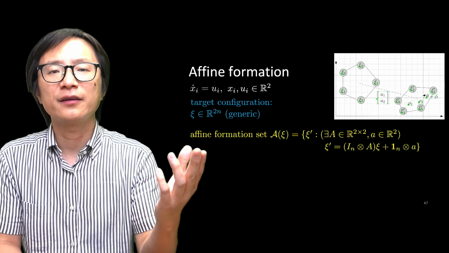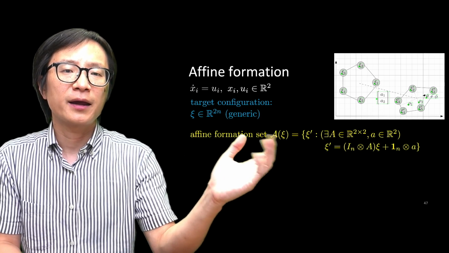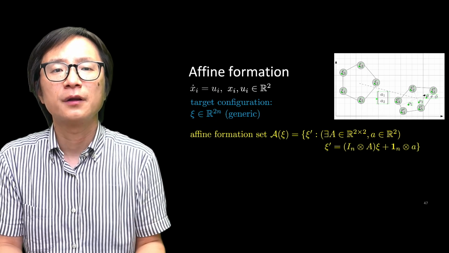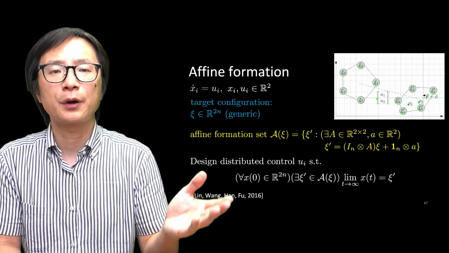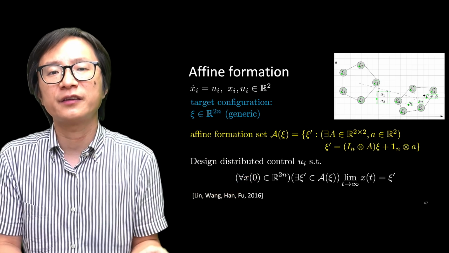Now we can define this set of all possible affine formations by plugging in the definition of the affine formation Xi prime. So we can restate the problem as requiring the state to converge to a point in the set.